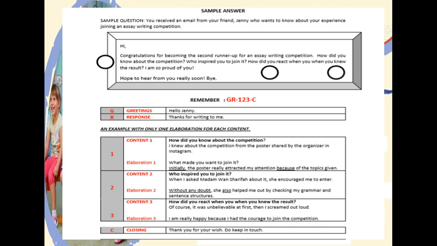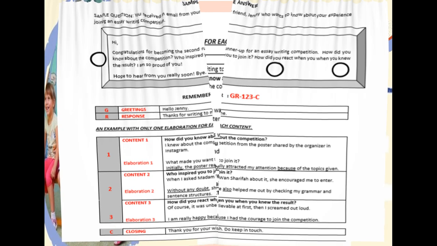The one that I show you here is only the guideline, especially for those who sometimes find it really difficult to start writing your answer. So this is the first example. I'm going to show you another example with the same question.